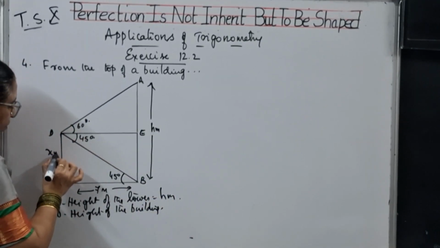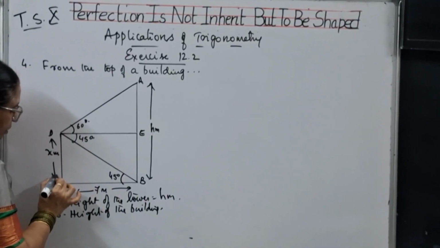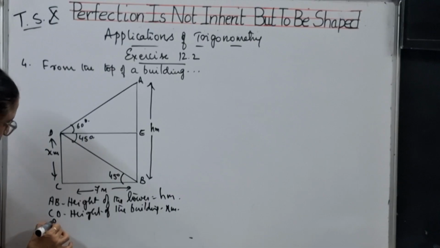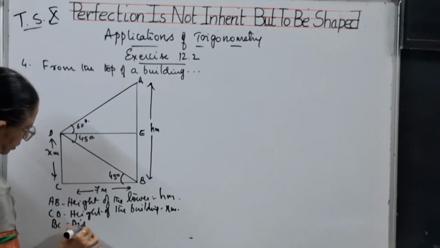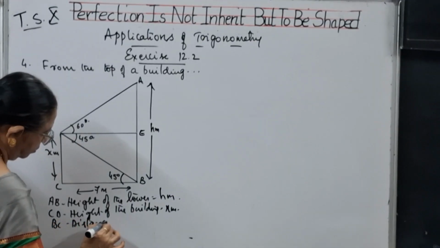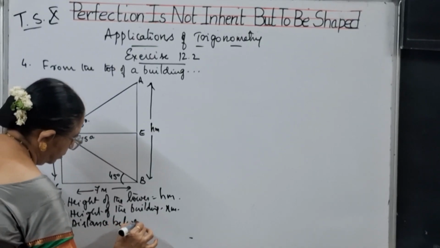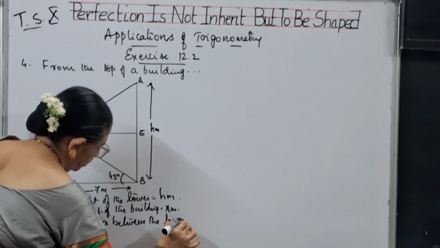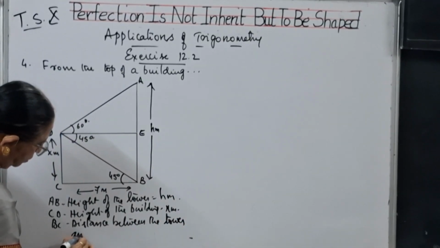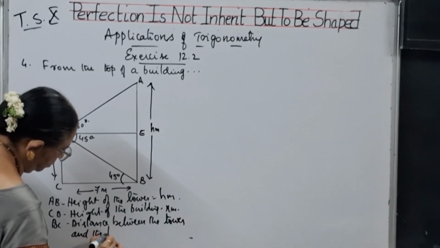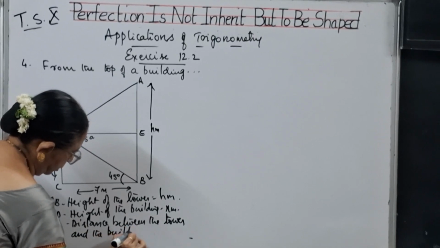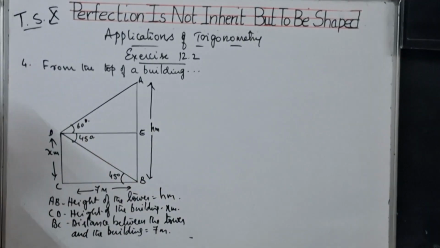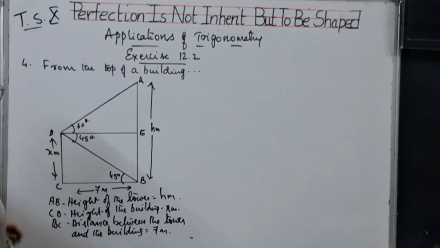So let me consider it as X meters. And DC, distance between the tower and the building. How much is it? 7 meters, BC.